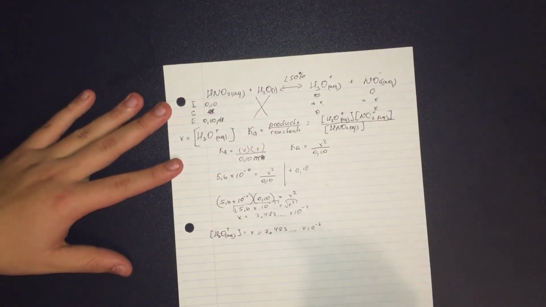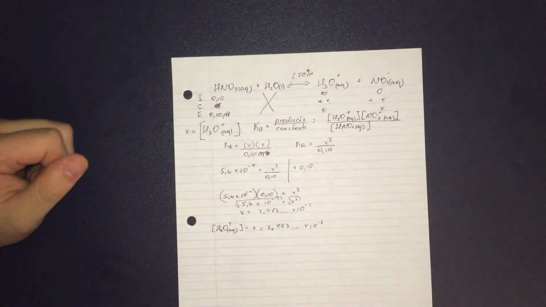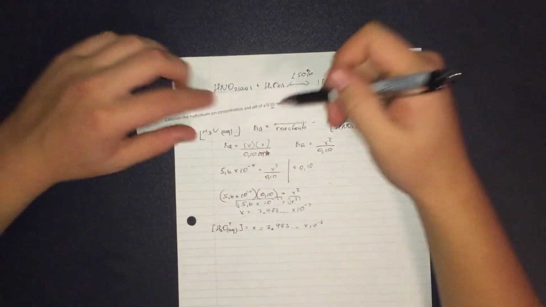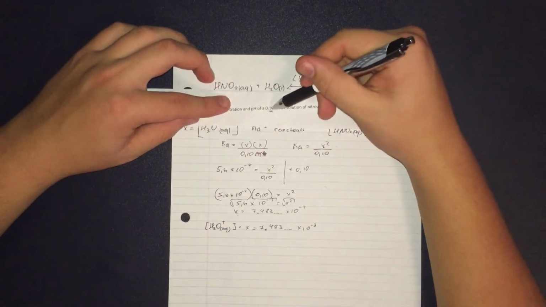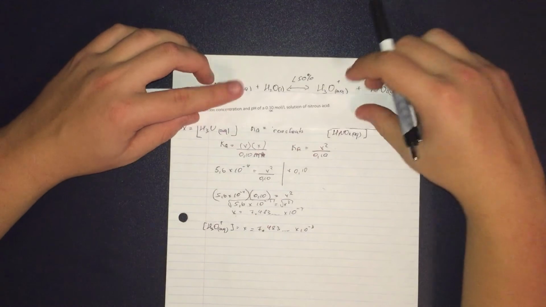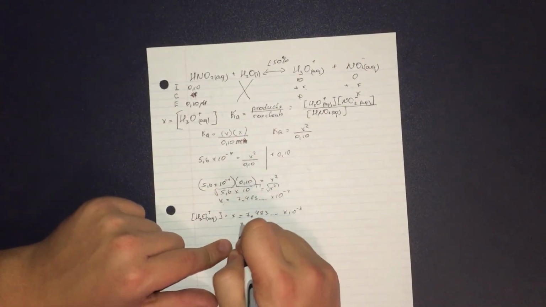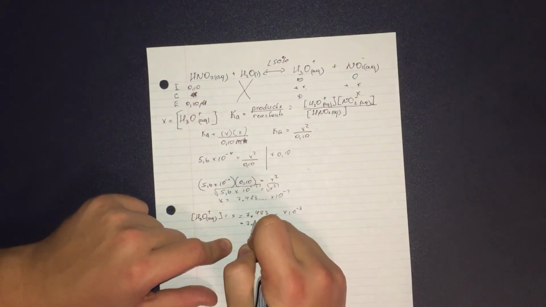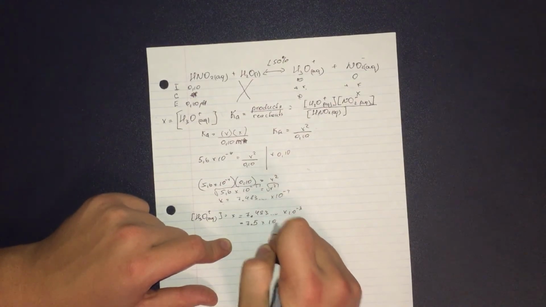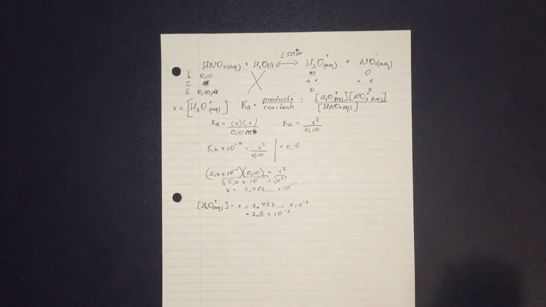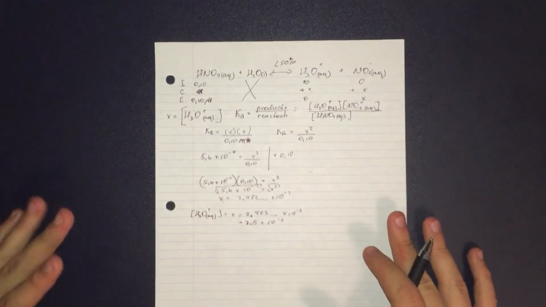But if we look previously at our question over here, we have only two-digit numbers, 1 and 0. This means over here we should have only two numbers. It's equal to 7.5 times 10 to negative 3. Okay, we found our first thing.